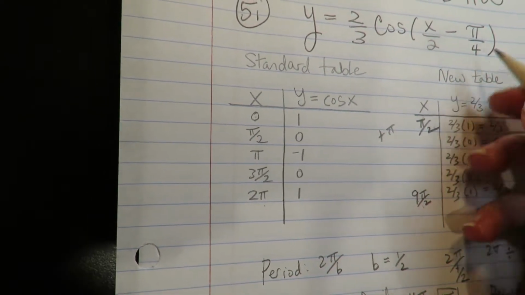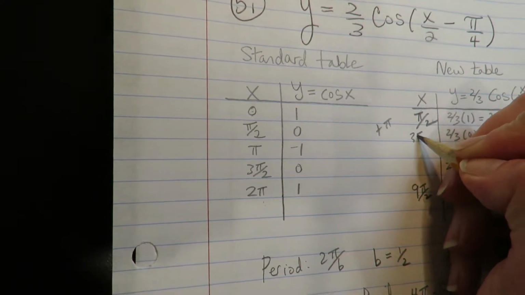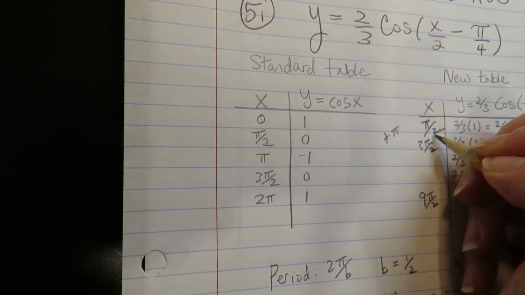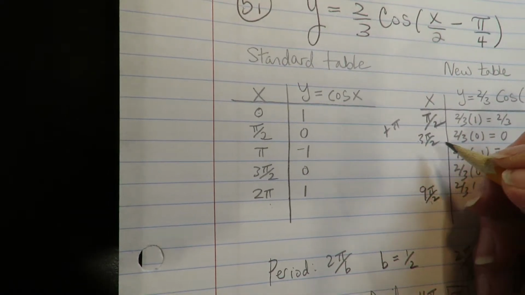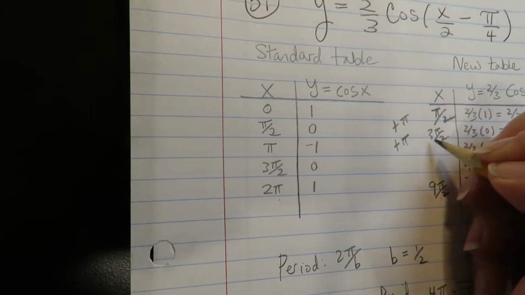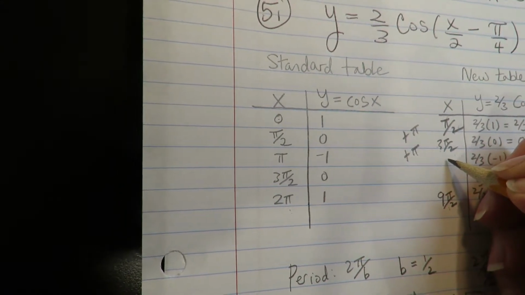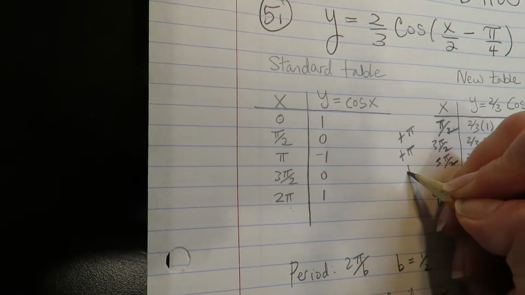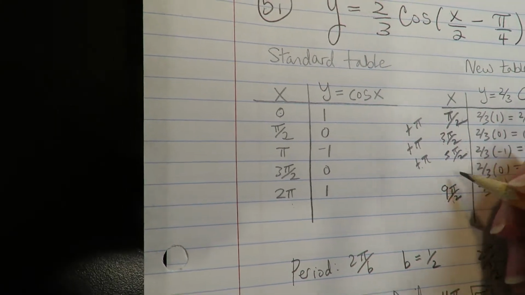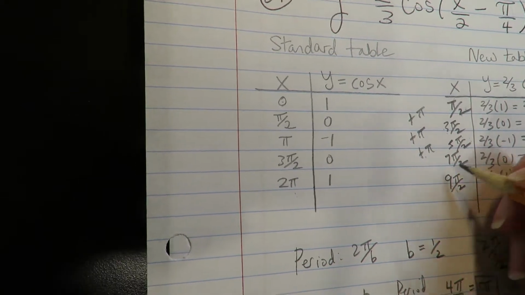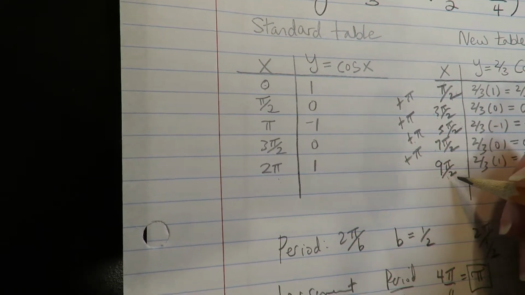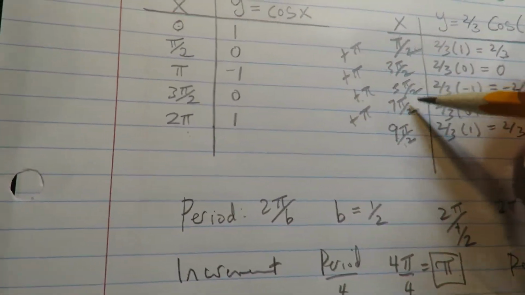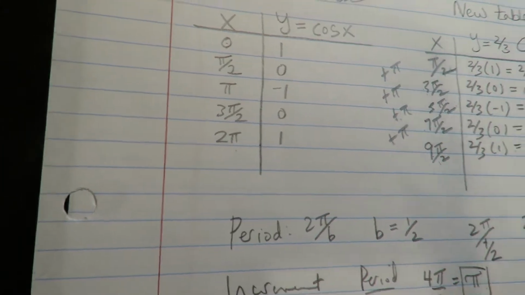So make sure you're getting an LCD. Like I'm sort of just doing this in my head. If you have 1/2 plus 1, that's 3.5. But you can do the LCD. 3.5 plus 1 whole is 5/2. 5/2 plus 1 whole is 7/2. 7 over 2 plus 1 whole pi is 9 pi over 2. So again, you could do this work on this side, but I'm just sort of crunching it out.